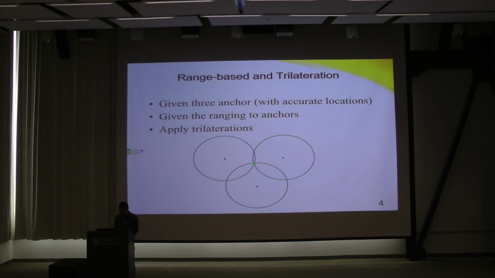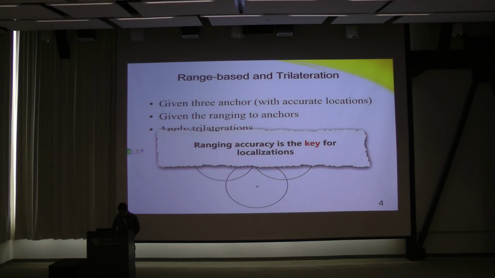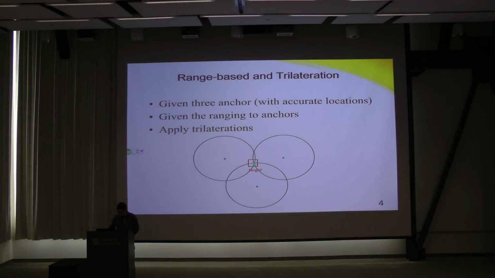The range-based methods need some anchors, and they assume the anchors have known locations, and we can use some method to get the ranging information between the target node and the anchor node.